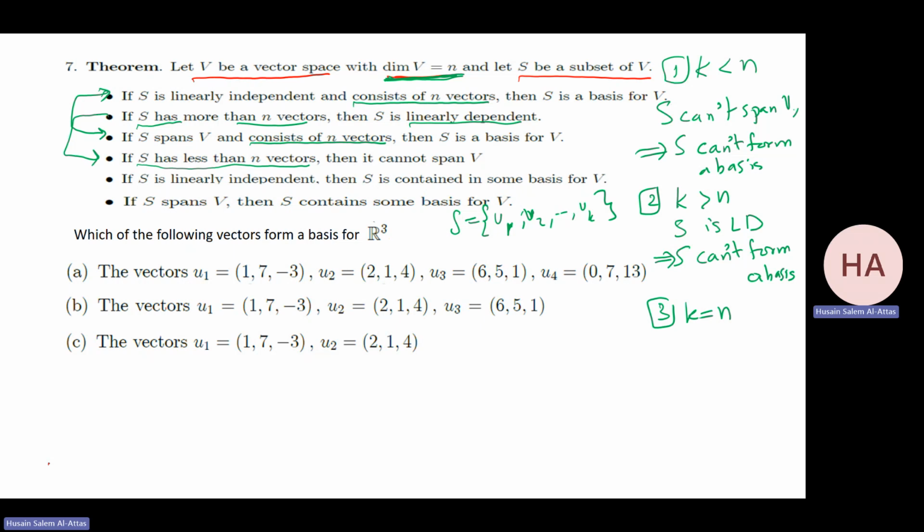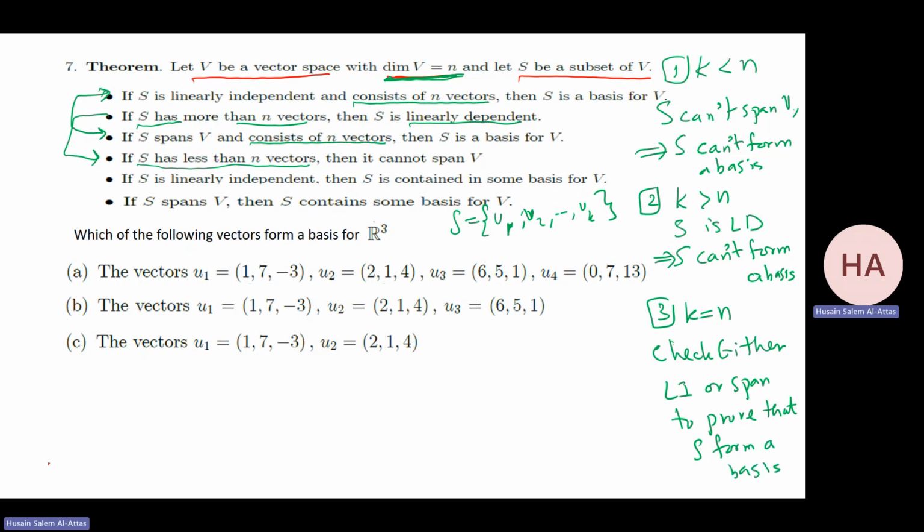2 and 4, they said what? I don't need to check both linear independence and span. One of them is enough to check. So check either linear independence or span, to prove that S forms a basis.